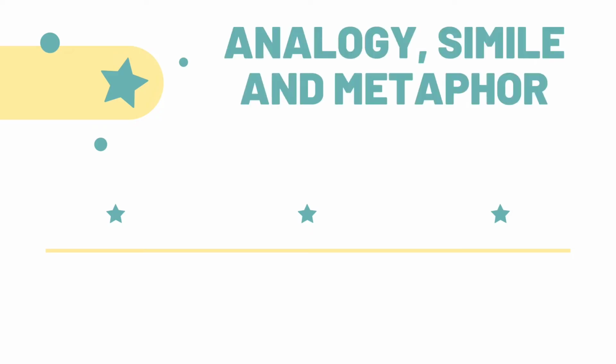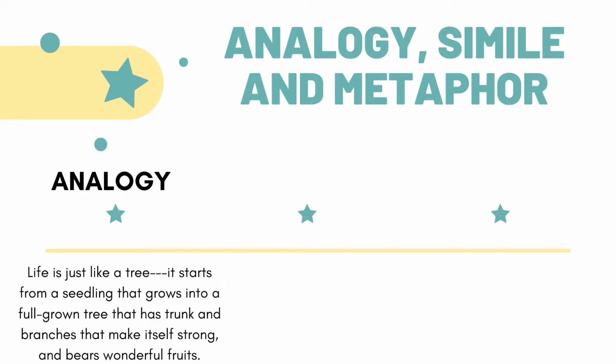Now, what are the examples of analogy, simile, and metaphor? For analogy, life is just like a tree. It starts from a seedling that grows into a full-grown tree that has trunk and branches that make itself strong and bears wonderful fruits.